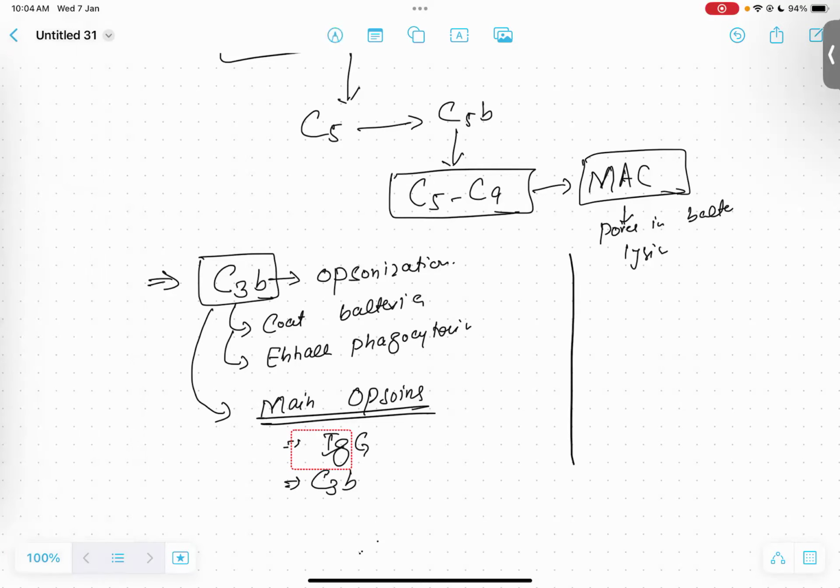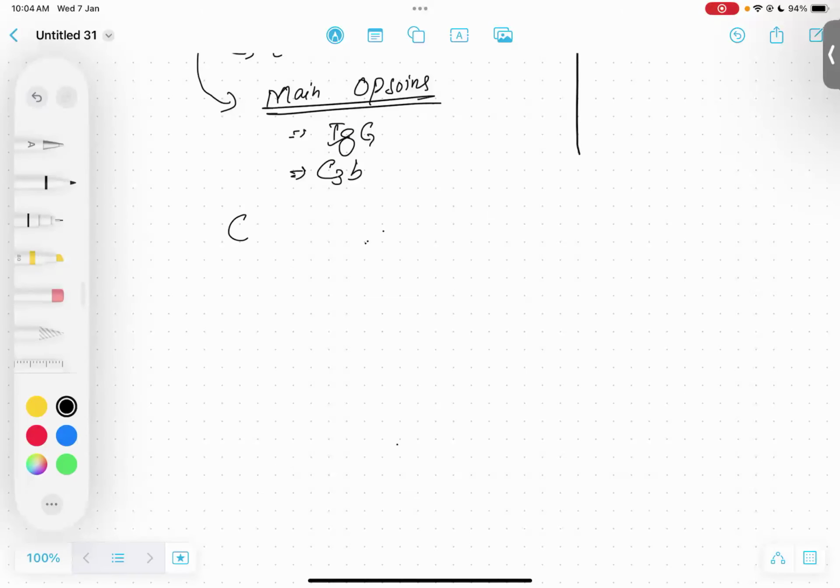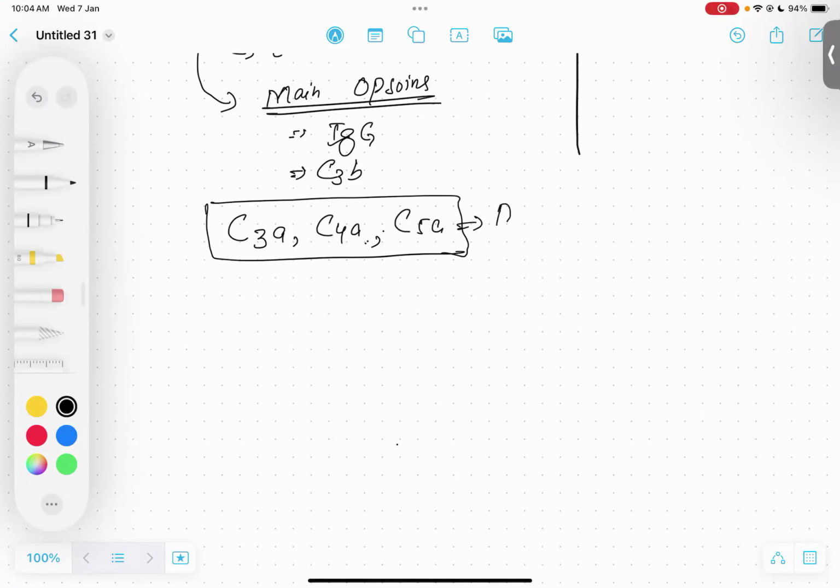The next one is C3a, C4a, and C5a. These three. So remember these A fragments along with C3, C4, and C5, and they will play a role in anaphylaxis.